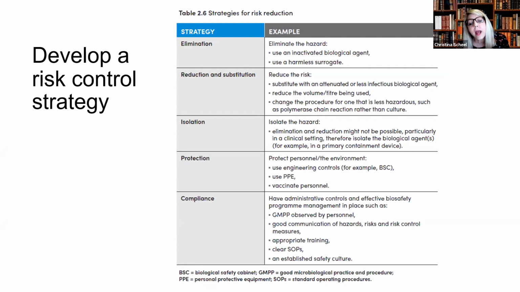It's critical to have administrative controls in place and an effective biosafety program and perhaps a biosafety officer. Always good microbiological practice and procedure observed by personnel is critical. Having good communication of hazards and risk control measures, SOPs, training, and of course, establishment of a safety culture.